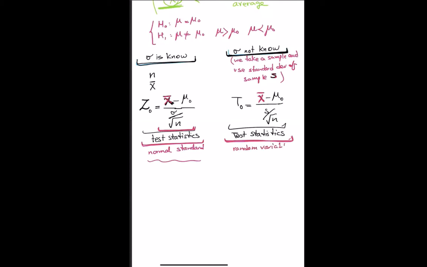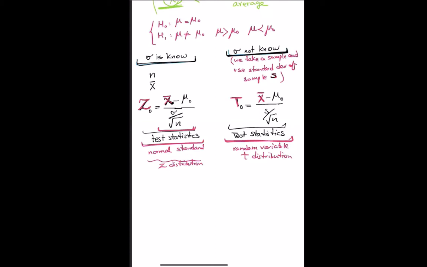And the distribution of this random variable is what we call the t distribution. The standard normal is also called the z distribution, as you may also see. And that's why the notation for this test statistic is z and for this one is t, because that basically refers to the distributions that they come from.